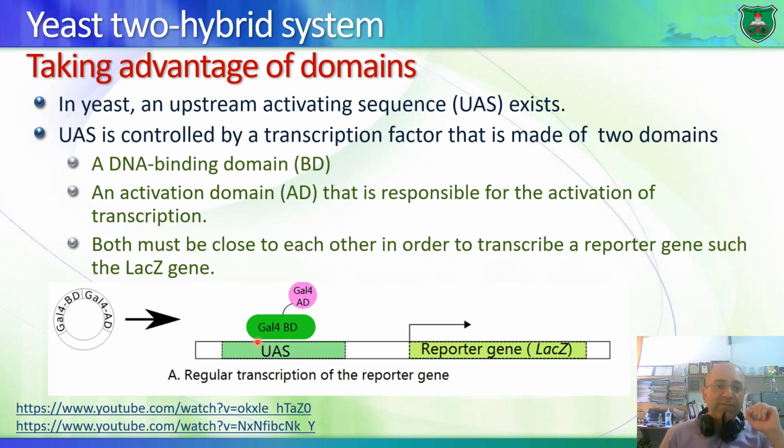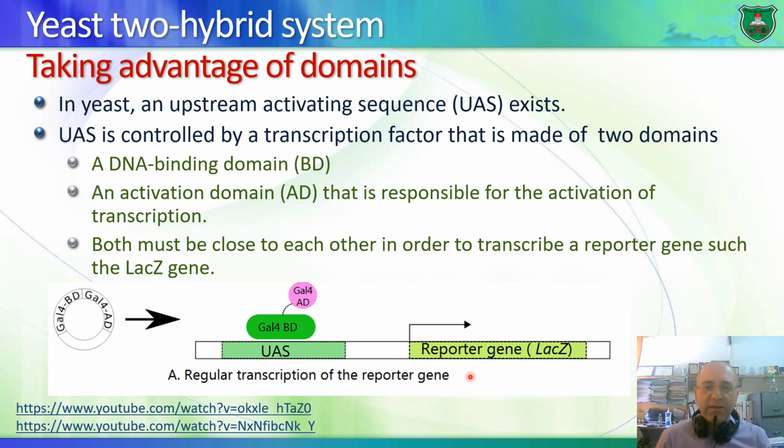This domain binds to the UAS system, and the other domain, the activation domain, stimulates RNA polymerase to transcribe the gene that is under the control of the UAS system. In our case, it's the reporter gene.